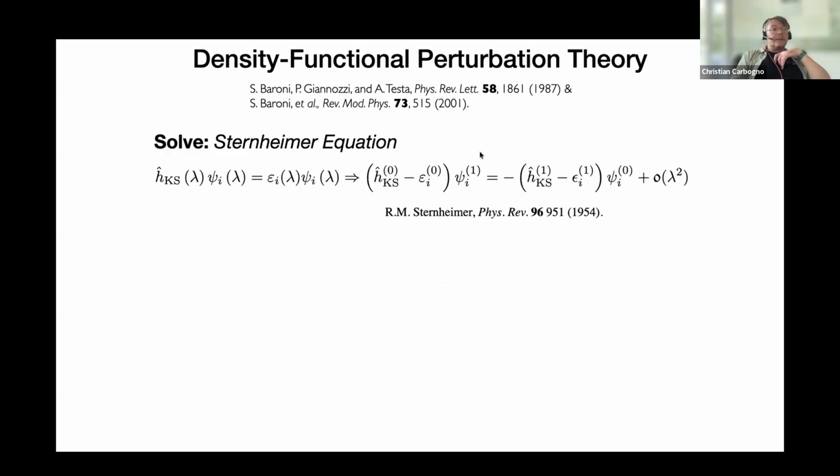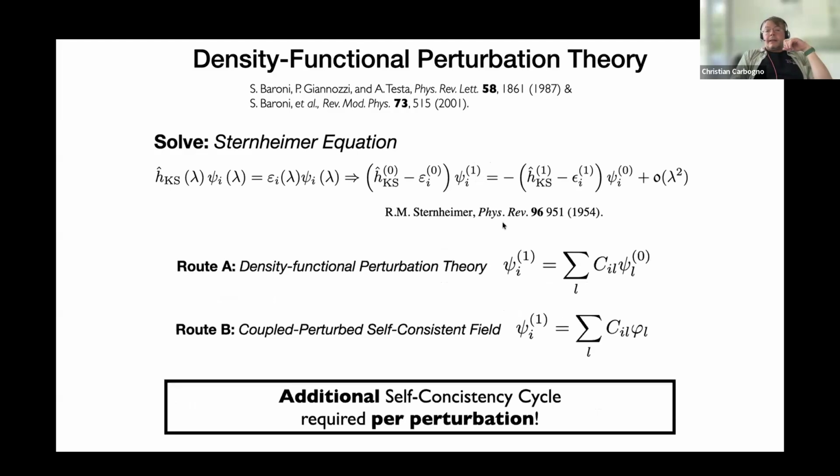And we can solve this Sternheimer equation essentially by again finding an approximation for this wave function. So you can expand, for instance, your wave function in terms of the equilibrium wave functions, or you can even expand it as a function of your original basis functions.